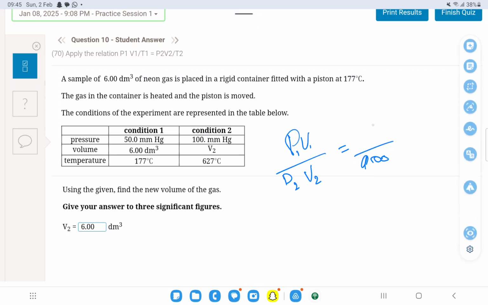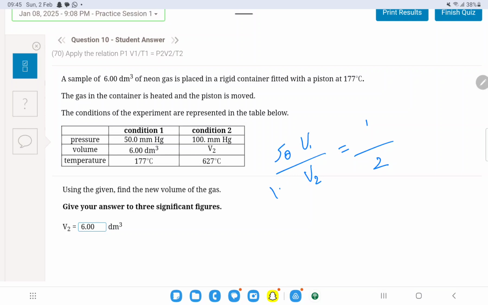So you can cancel, 1 over 2. P1 is 50, P2 is 100, V1 is 6, and V2 is X. 50 times 6 is 300 over 100x equals 1 over 2. You can cancel the 2 zeros, 3 over x. So x equals 6, cross multiply.